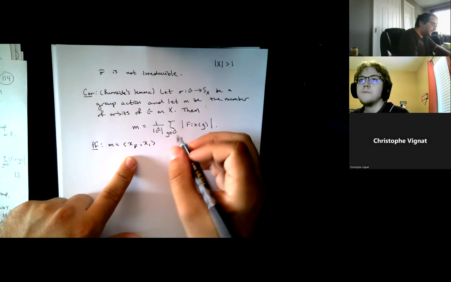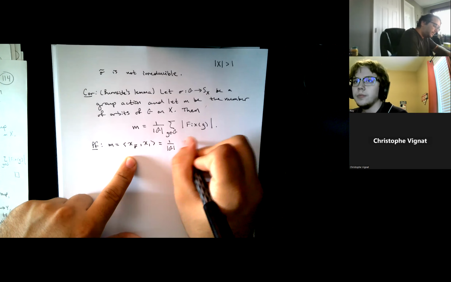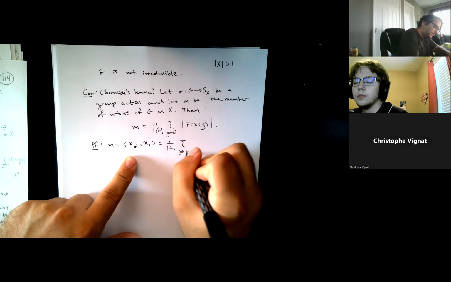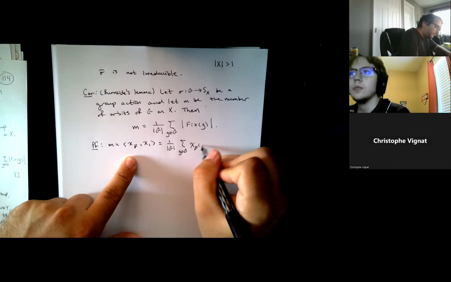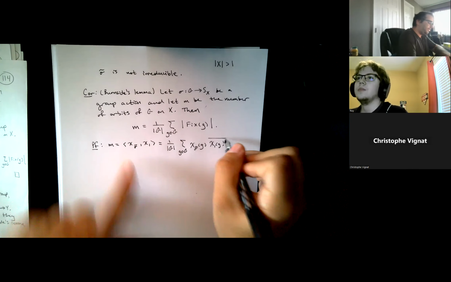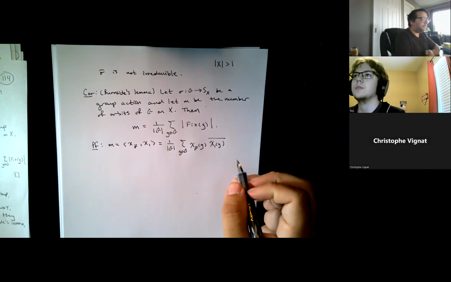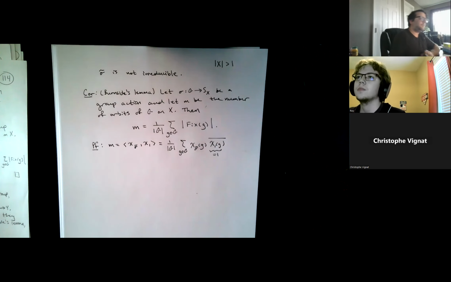Okay, and now this is equal to, just by the definition of the inner product, 1 over the order of G times the sum over g in G of chi sigma tilde of g times chi1 of g, complex conjugate. But the trivial character is equal to 1.